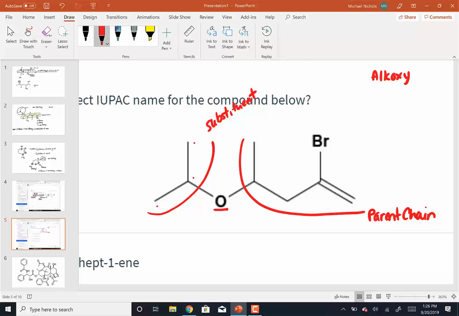Now that parent chain has a double bond in it, but that just means I'm going to name and number that parent chain like I would any alkene. So that's the first thing you have to do with ethers: decide what your substituent is. That substituent is then going to become my alkoxy group.